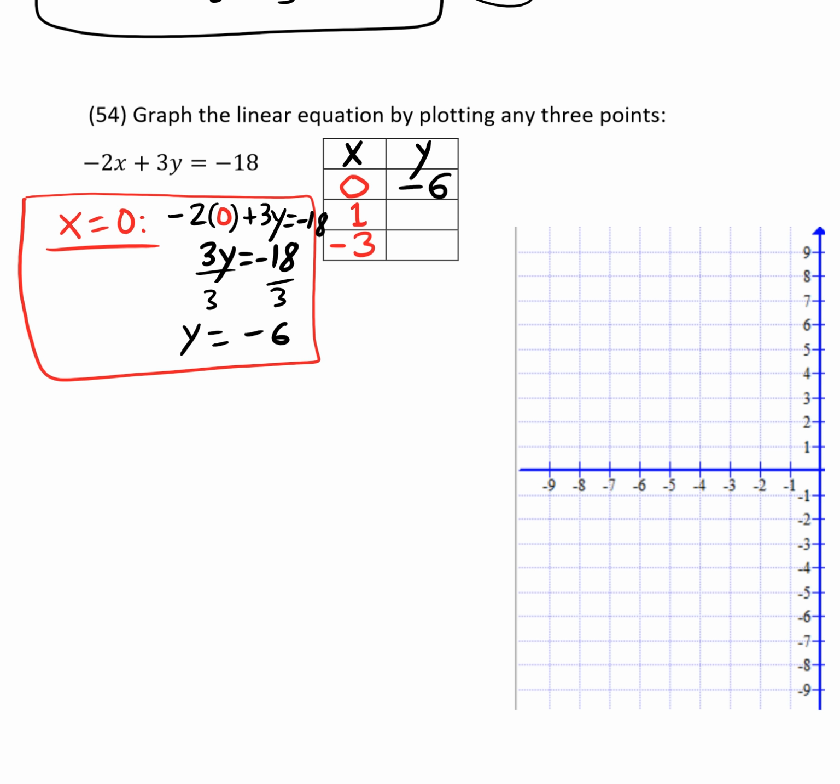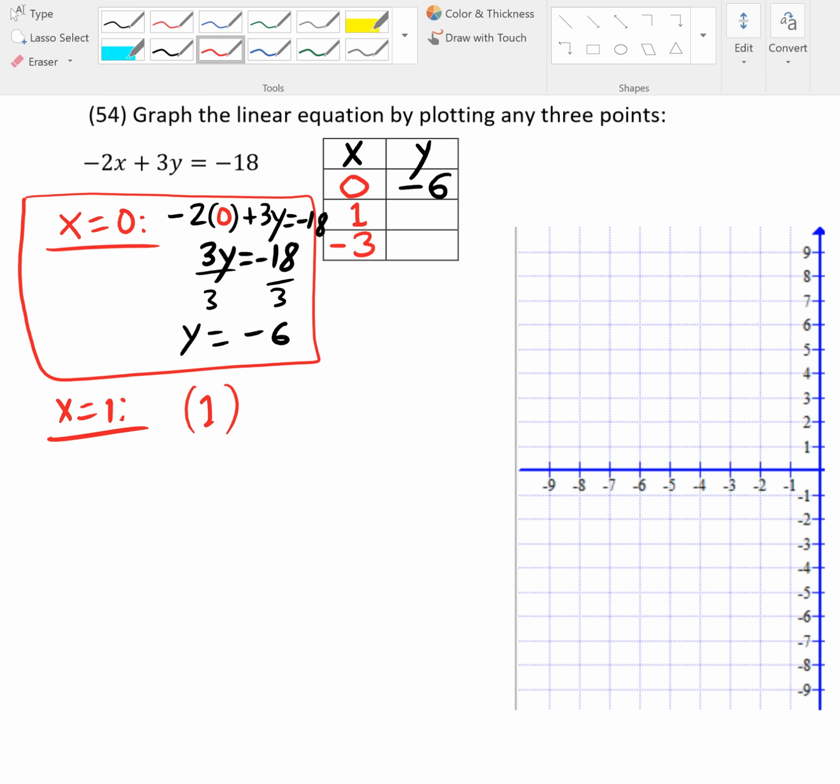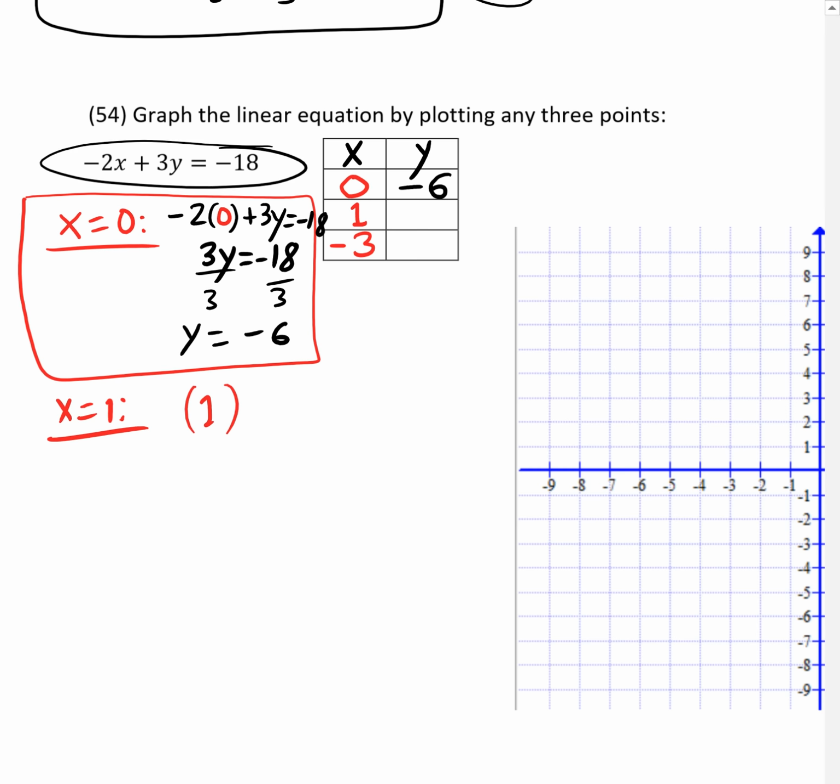Okay, let's try the next guy. I chose x equals 1. Let me see how that goes. I'll put a 1 where the x was. In this original equation, negative 2x, but I have negative 2 times 1 plus 3y equals negative 18. That's negative 2 plus 3y equals negative 18. If I solve this for y, I'd have to move the 2 over first.